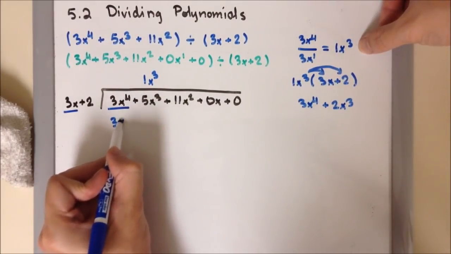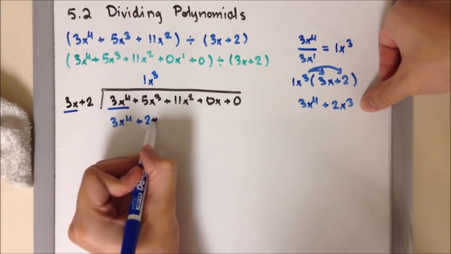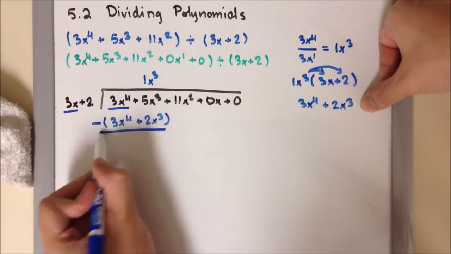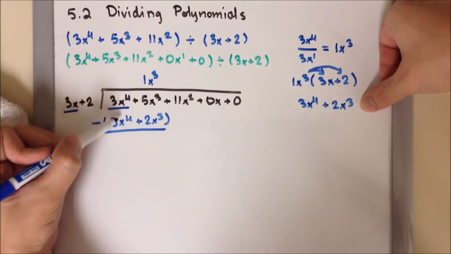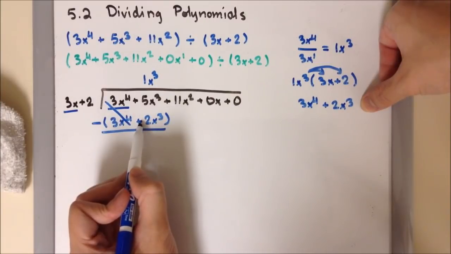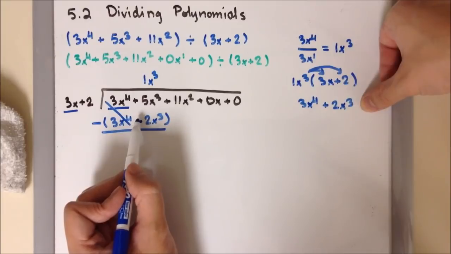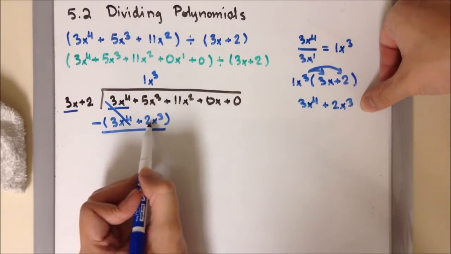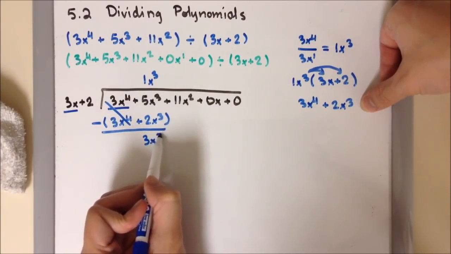So 3x to the fourth plus 2x to the third, in parentheses, with a minus. Alright, when I distribute this minus to 3x to the fourth, these two will cancel out. When I distribute this minus to this positive 2x to the third, this will become negative 2x to the third. So therefore, this will be 5x to the third minus 2x to the third. That will be positive 3x to the third.